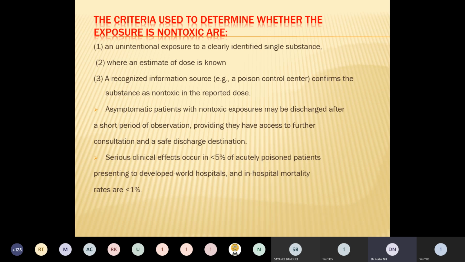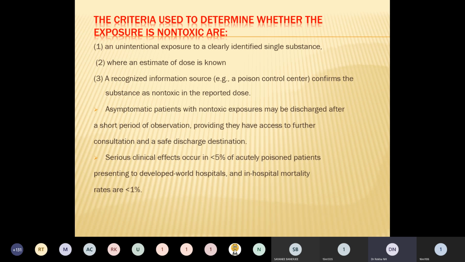Whether the poisoning is toxic or non-toxic is necessary to know mainly to plan the management of the case. So how do we decide whether exposure is non-toxic? One is an unintentional exposure to a clearly identified single substance. The patient says that it's an accidental consumption and he knows what he has taken.